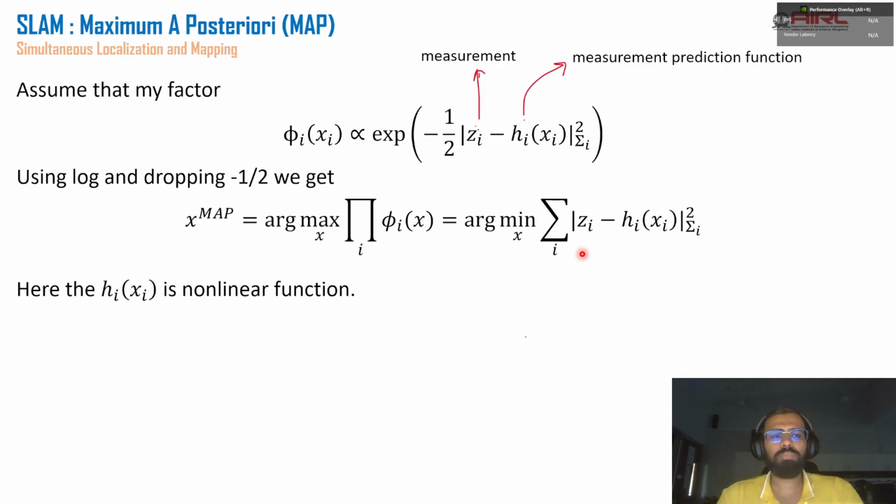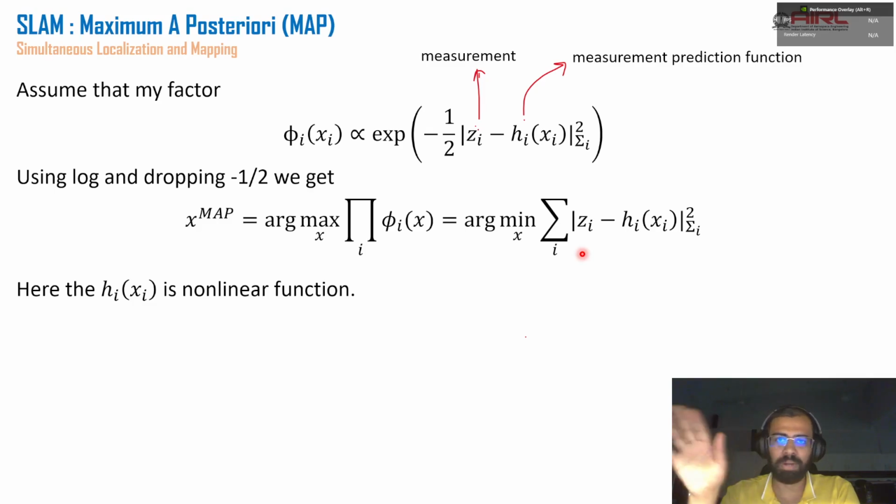Okay. Now, I'm definitely going to have some sort of a distribution curve. In this, again, I'm just assuming a Gaussian distribution, and I'll remove all that scaling stuff which I have and just talk about that exponential term. So given my particular measurement and also this measurement prediction function which I have, the HI can be nonlinear and probably would be nonlinear.